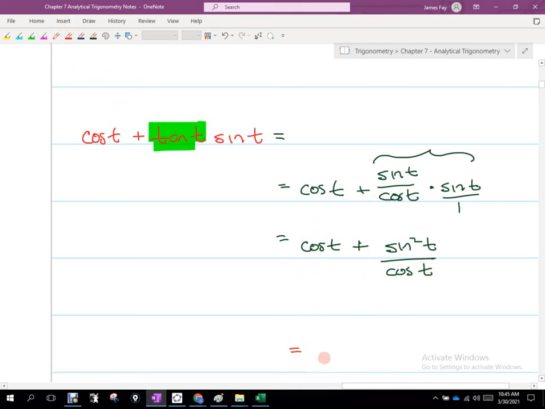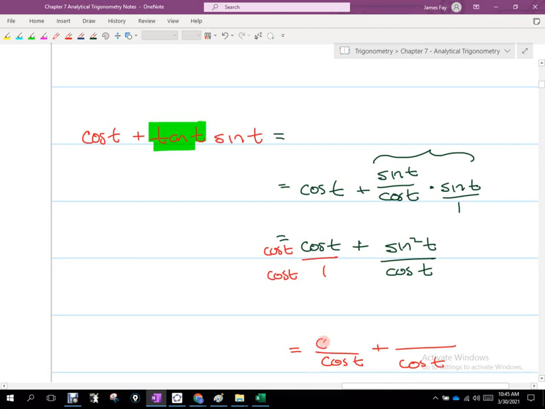Cosine of t. So what I like to do is just say, okay, if I'm going to add these together, they're going to have the cosine of t as a denominator. So what do I need to multiply this one by? Yeah, I need to go cosine t there and cosine of t there, right? What did I really multiply by? 1. So did it change this amount?